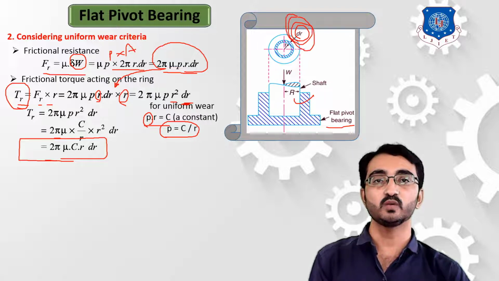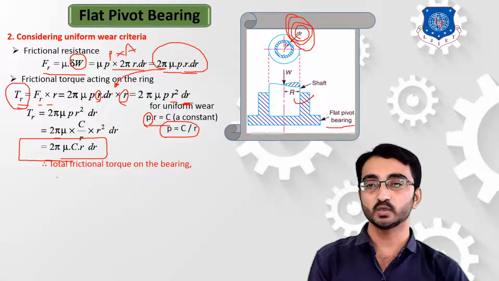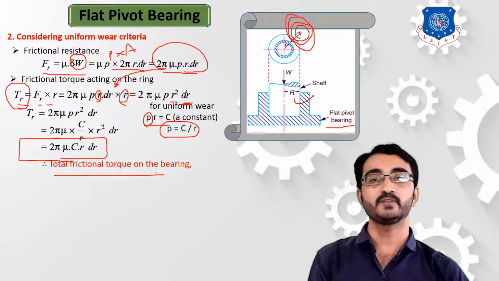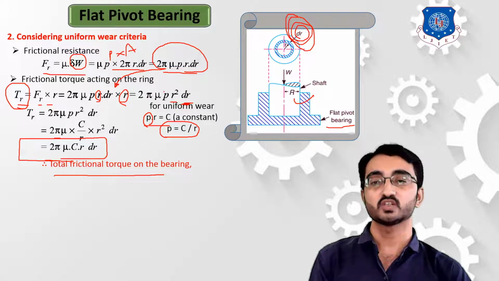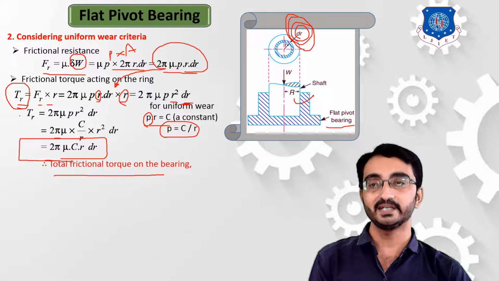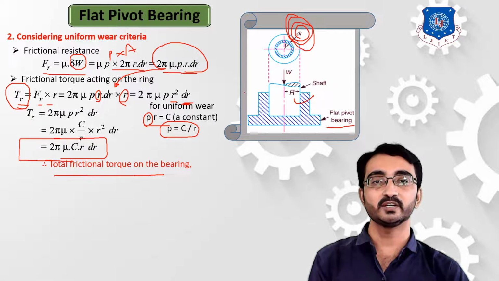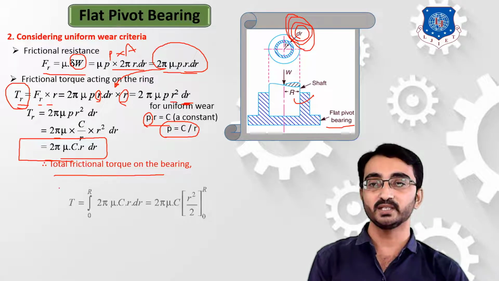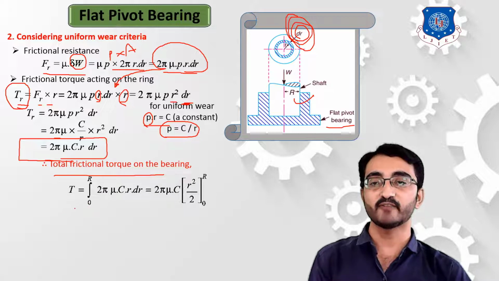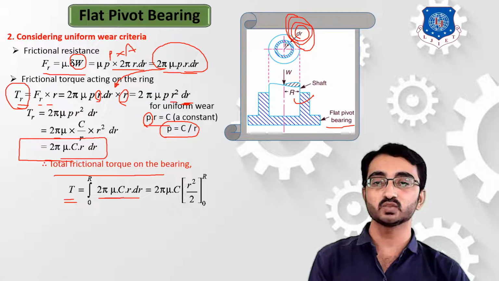Okay, so if you want to derive the total frictional torque between this shaft and bearing surface, in that case we have to again integrate this torque with the limit of 0 to r. So by putting that limit over here, your final equation for total torque is equal to integration 0 to r 2 pi mu c r dr. Now in this equation again we have identified that the 2 pi mu c, all these terms are constant.